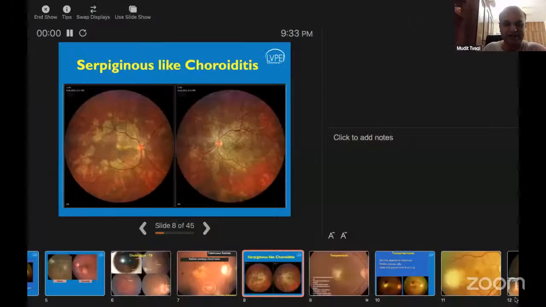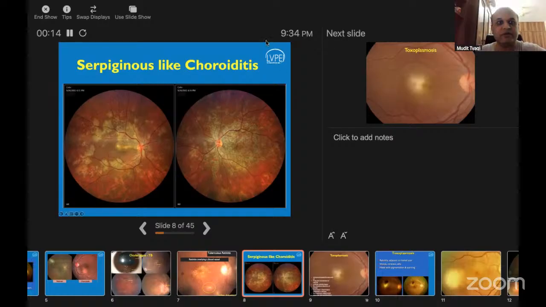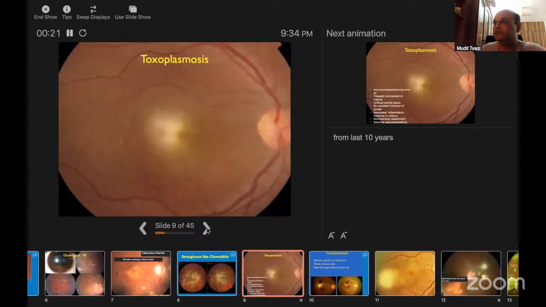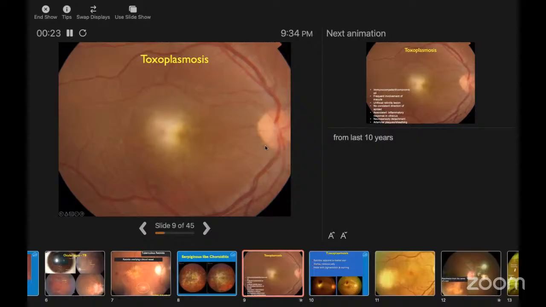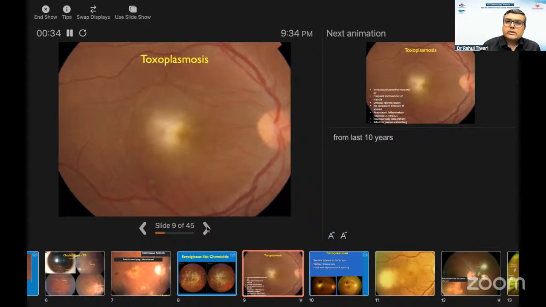I did that, but it's getting stuck. I tried the slideshow also, I don't know why it's getting stuck over here today. Okay, please bear with me. Yes, continue, sir, please.